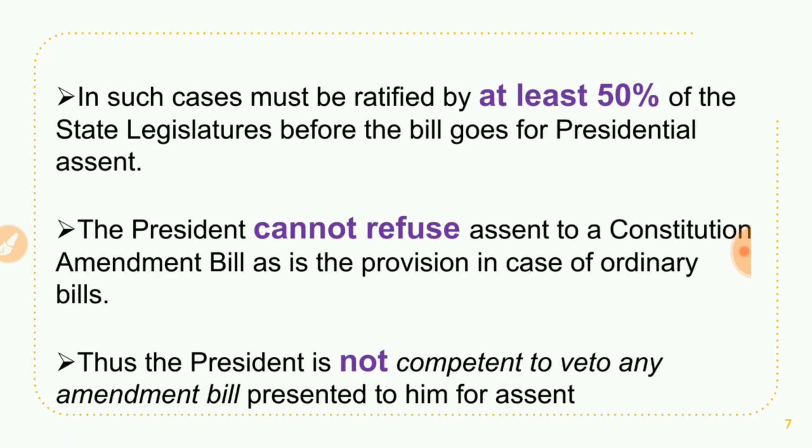So this is different from the common amendment procedure we discussed in category 1. In category 2, the president cannot refuse assent to the constitution amendment bill, as is the provision for ordinary bills. Remember one more point: the president is not competent to veto any amendment bill presented to him for assent. That means he cannot reject it.